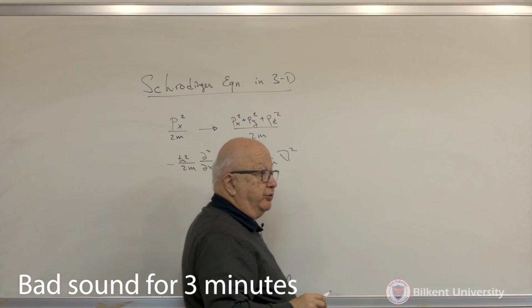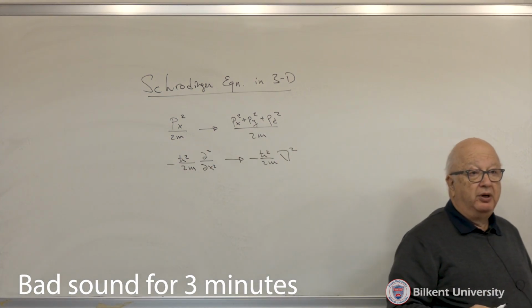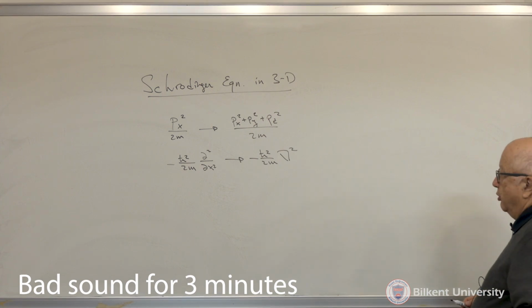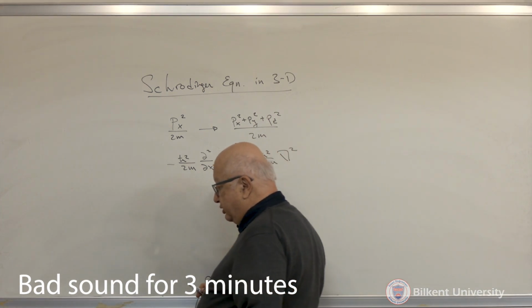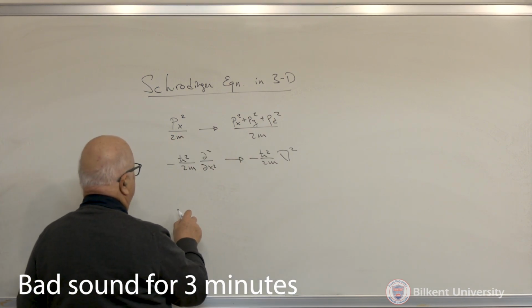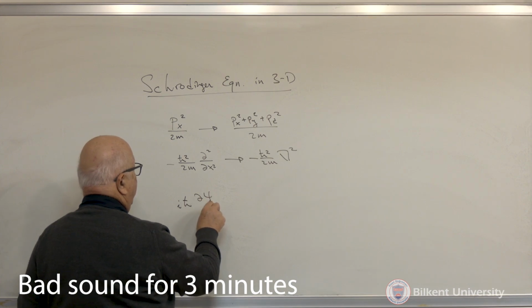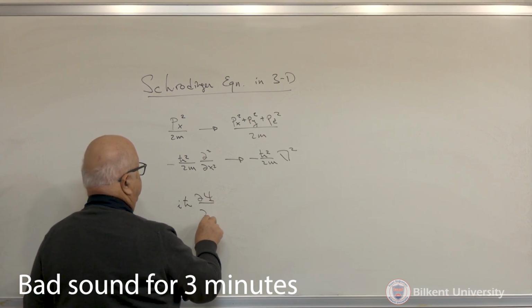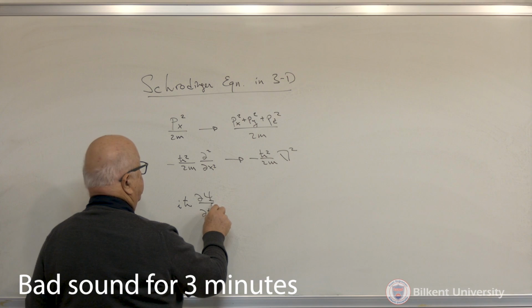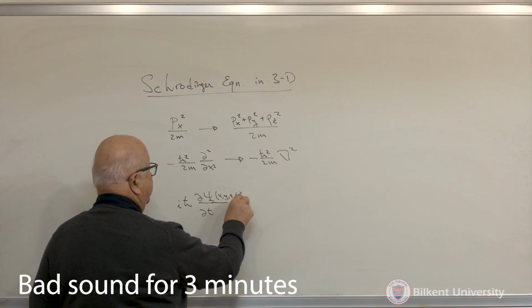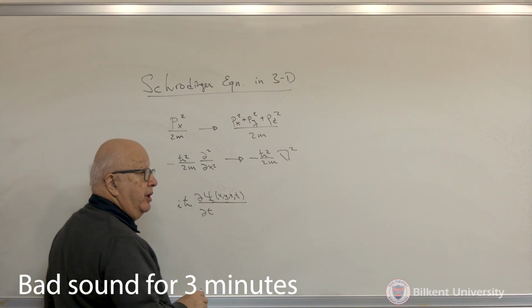So we are going to get a three-dimensional partial differential equation. Our equation is going to look like i h bar del psi del t. Now this psi is a function of x, y, z, and t.